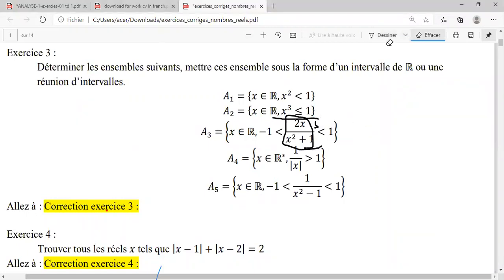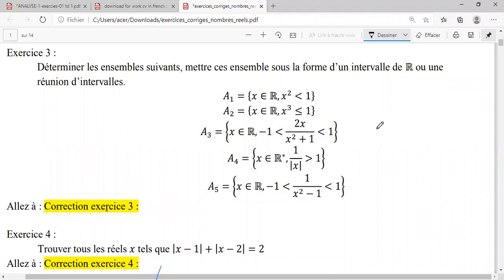Okay. So F4 is equal to x belonging to R such that 1 over the modulus of x is greater than 1. We know that x is in R excluding 0, because x, 0 can't be the denominator there. So we have 1 over x greater than 1. The next step, we have the modulus of x, we know that it's x squared, right?